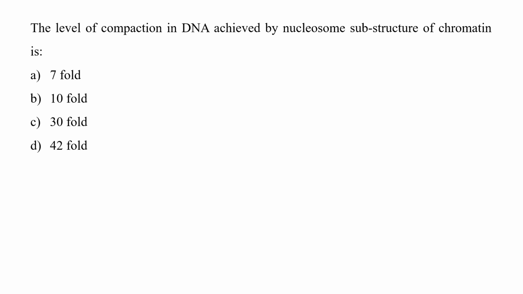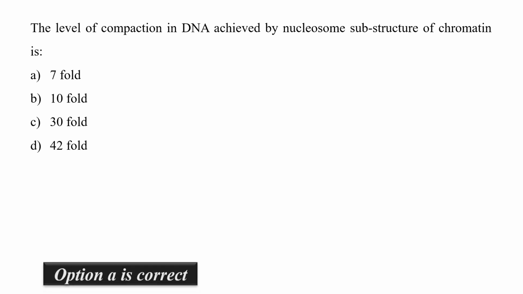We can see this with the help of analysis also, like when a piece of DNA that is 100 centimeters long will become a string of beads of chromatin fiber just 14 centimeters long. So by this analysis we also come to know that the answer will be option number A, 7-fold.